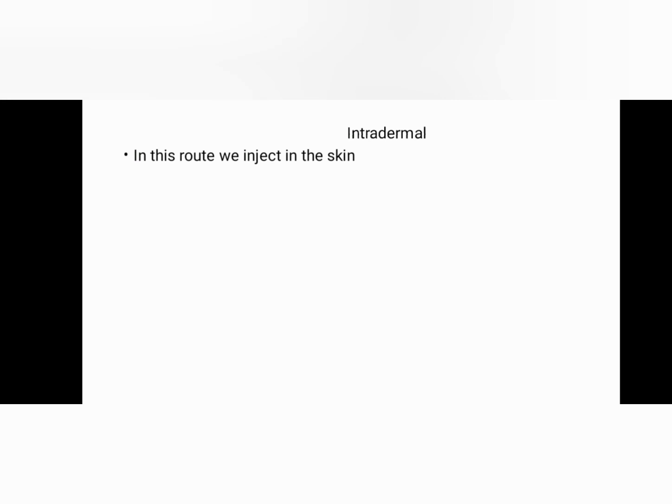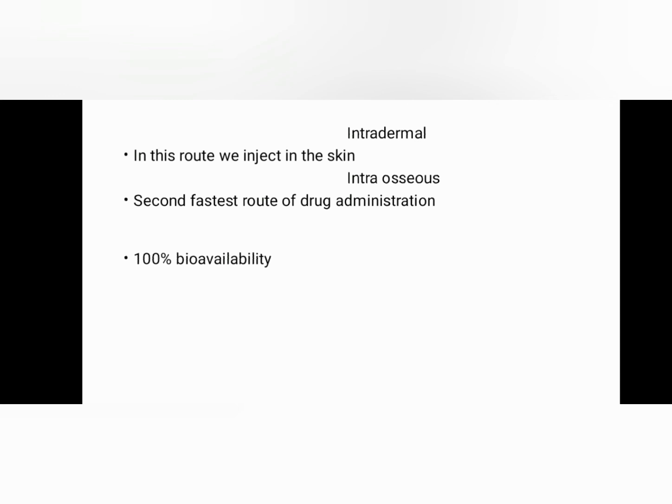Intradermal: in this route we inject directly into the skin, maybe in the dermis, epidermis, or hypodermis. Intraosseous: in this route the drug is directly injected into the bone marrow. It is the second fastest route of drug administration with 100% bioavailability.